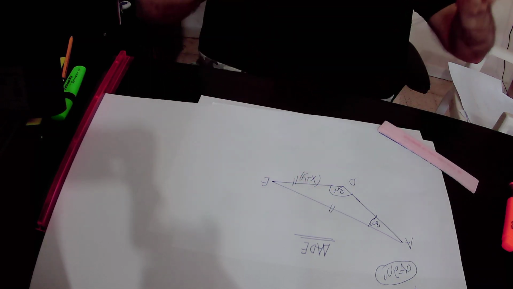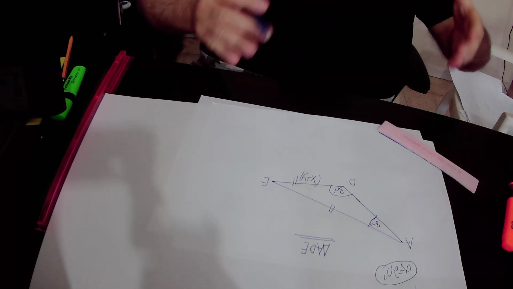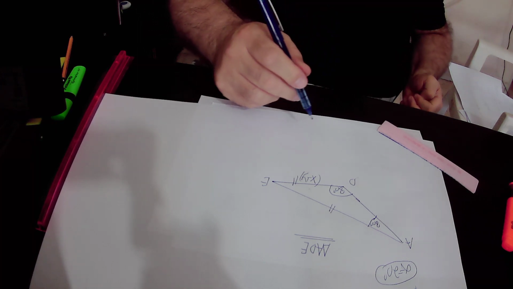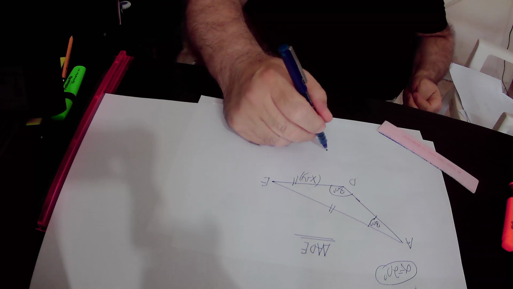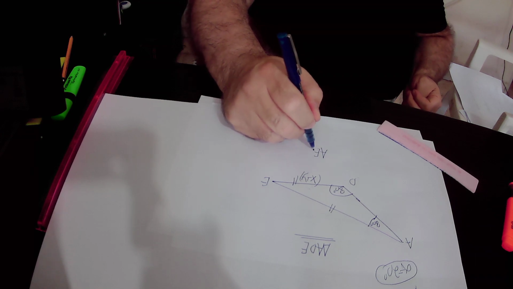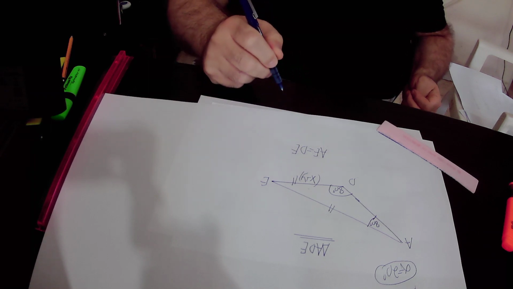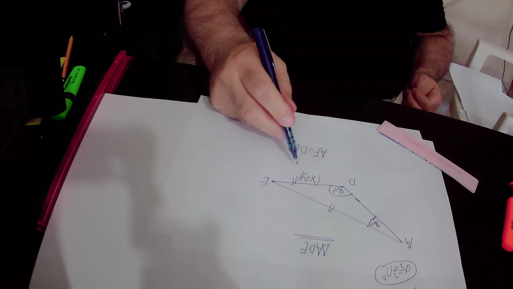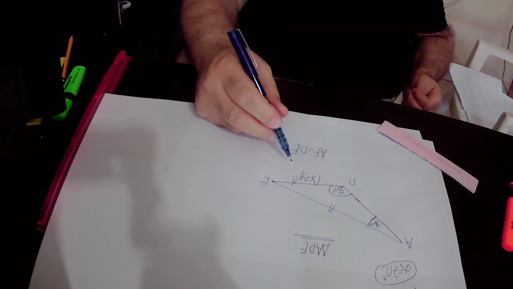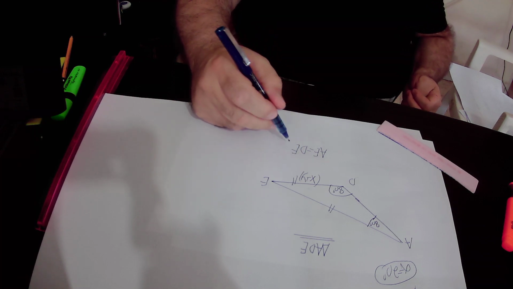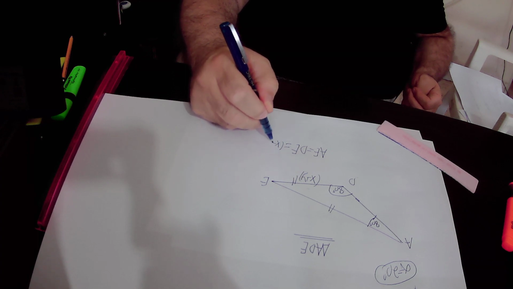So we get that side AE equals side DE. But DE equals X plus Y, according to what we have already found out.